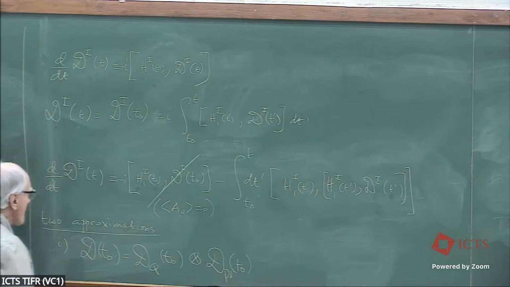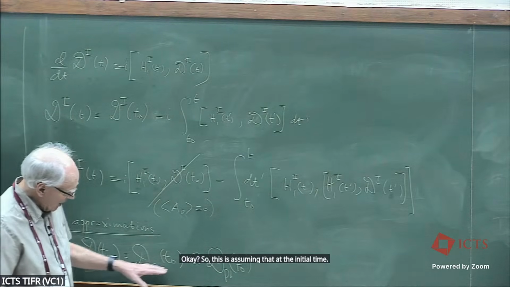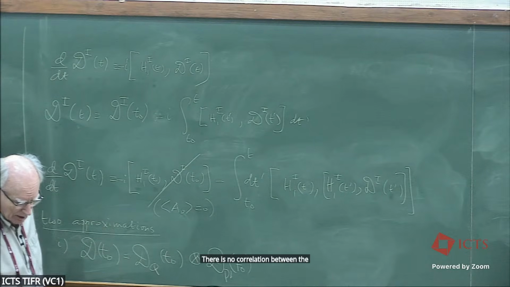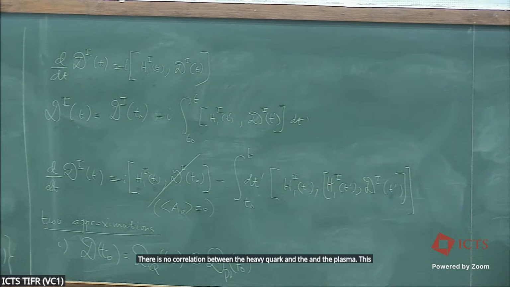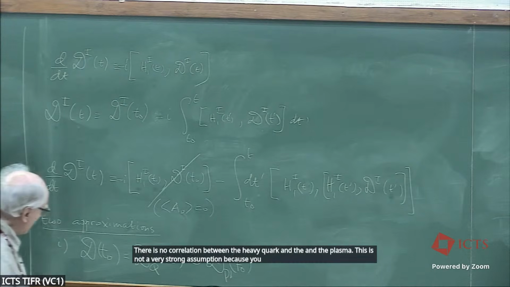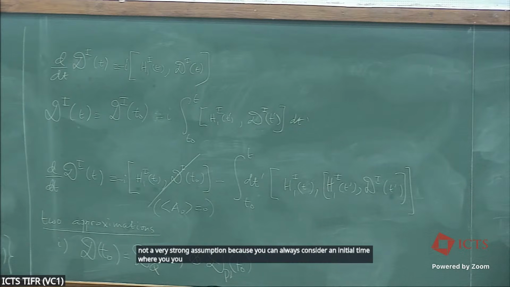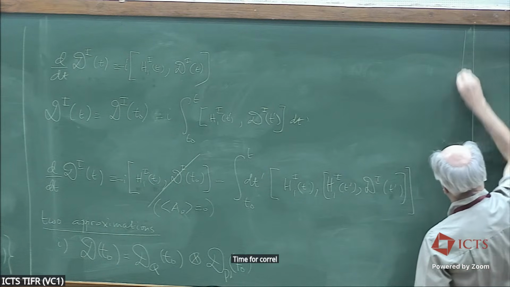So this is assuming that at the initial time, there is no correlation between the heavy quark and the plasma. This is not a very strong assumption because you can always consider an initial time where you start with a system in which you put heavy quarks. They don't have time to interact, so there is no time for correlation to develop.